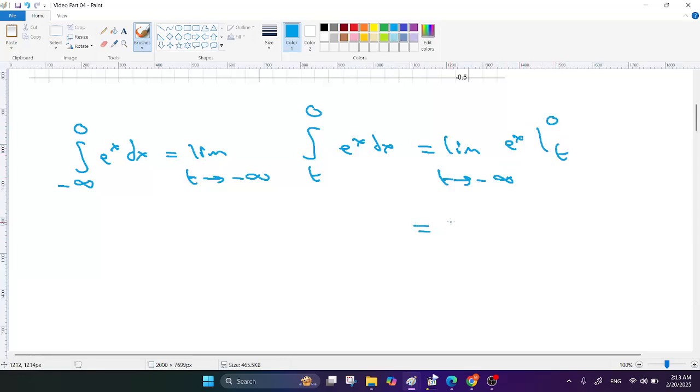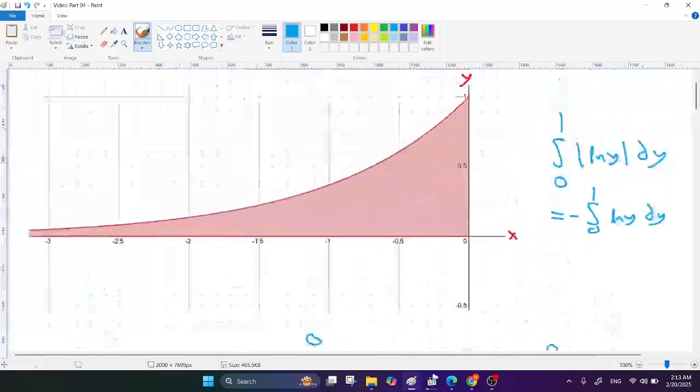So this equals limit as t approaches minus infinity 1 minus e to t. When you take the limit as t approaches minus infinity, e to t is 0. So you get just 1. And note the area is positive, and our answer is positive. Okay, 1.